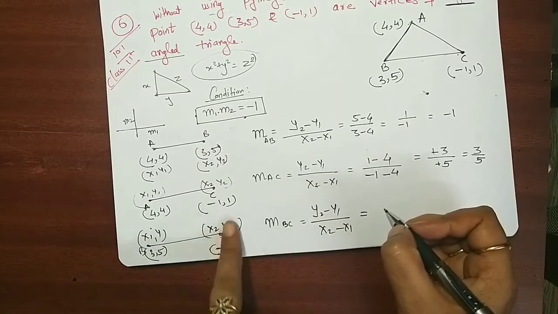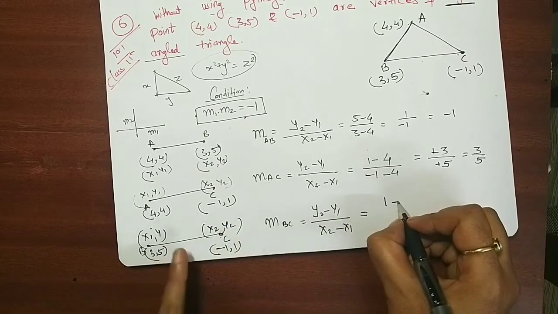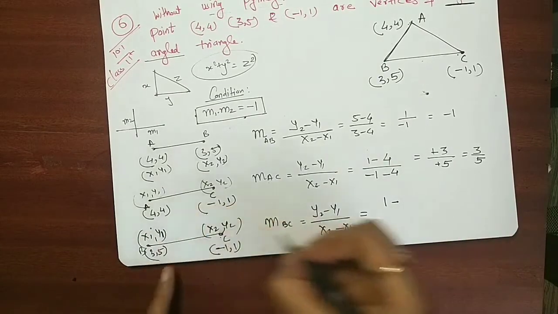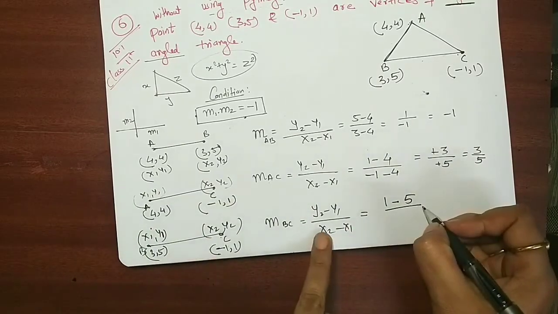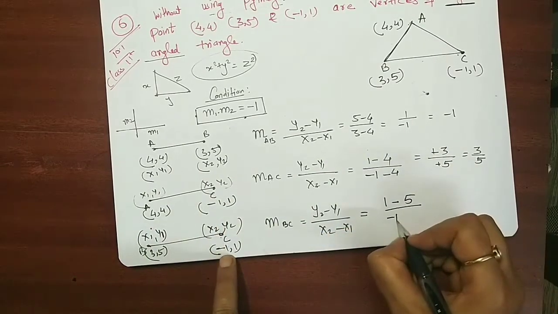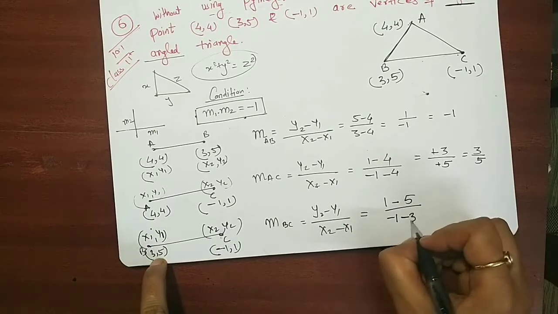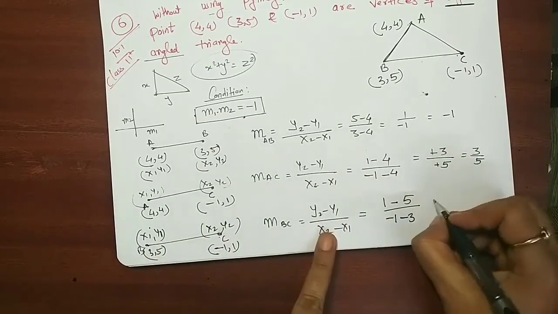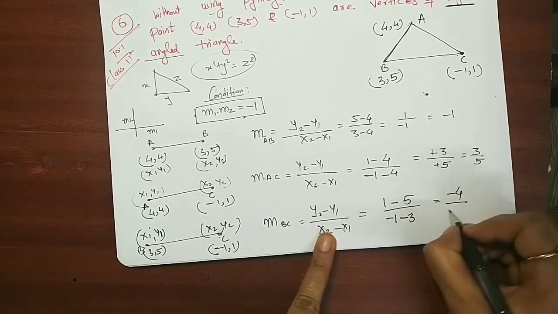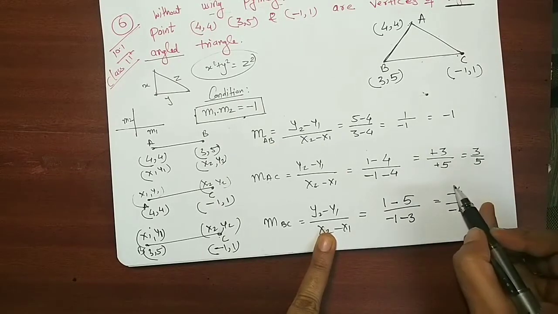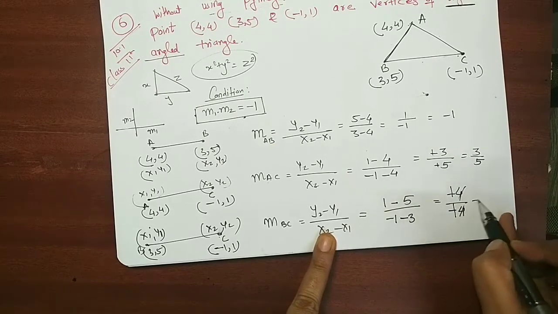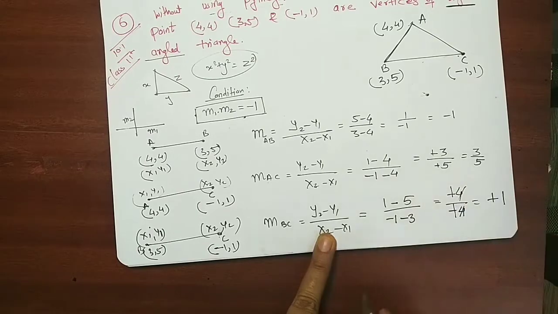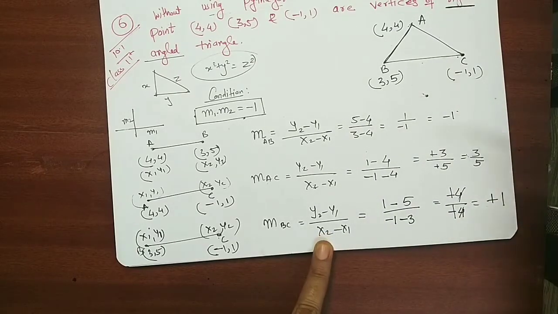So what is y2 guys? y2 is 1 minus y1, y1 is 5. x2 minus x1, x2 is minus 1 and x1 is 3. You can see that, right? So it is coming minus 4 by minus 4. So minus and minus will cancel, 4 cancel, plus 1. So I got all three slopes.